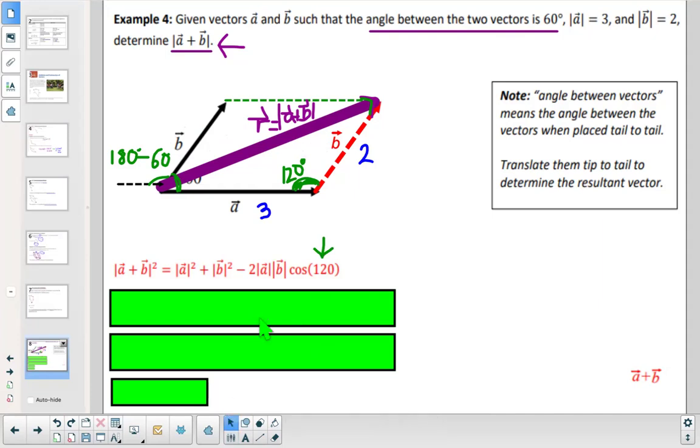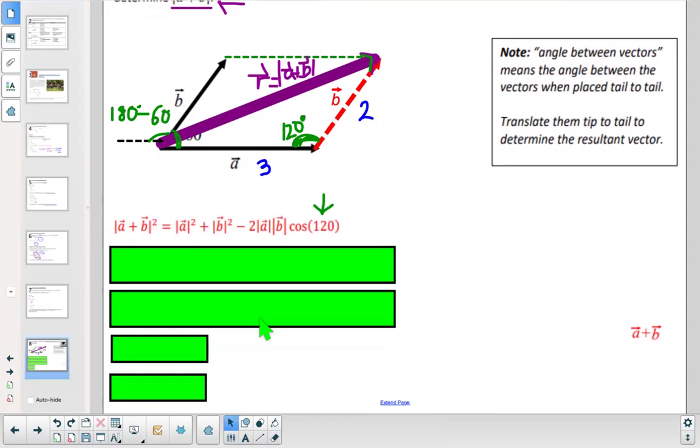I think I can just move this up there, and that way I can erase what I wrote. There we go. Pay special attention to the fact that I'm not just going to substitute the magnitudes of 3 and 2 into the formula.